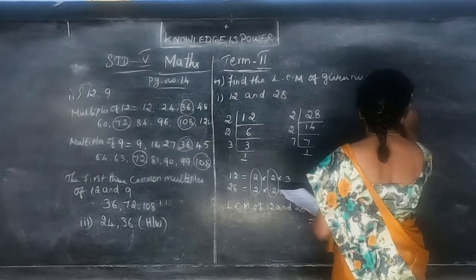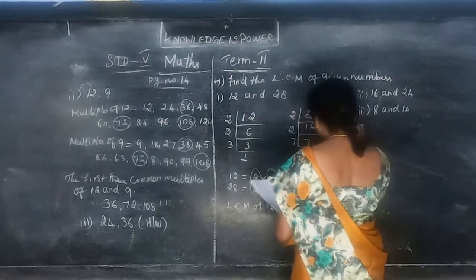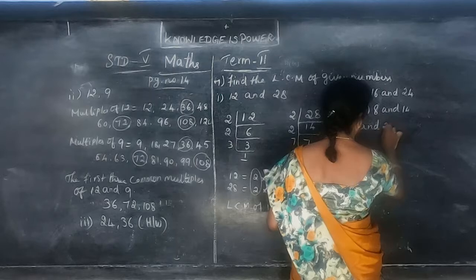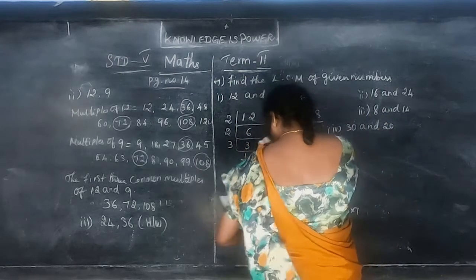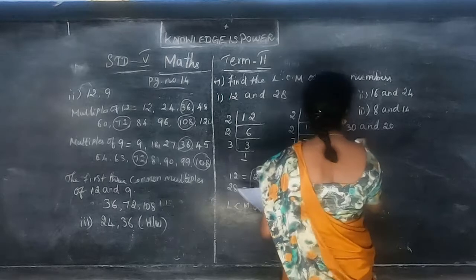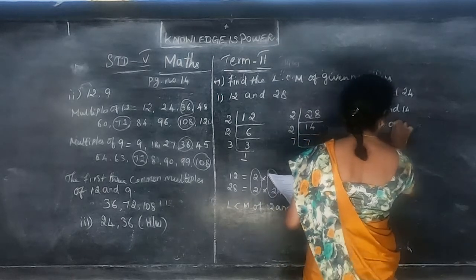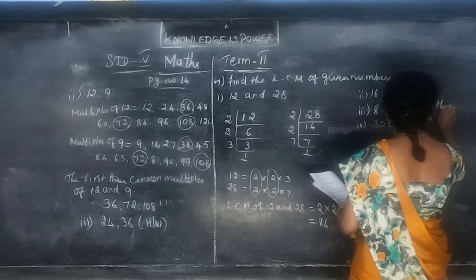And the fourth sum I will do, here they are given 30 and 20. This is the homework. So you can try, children.